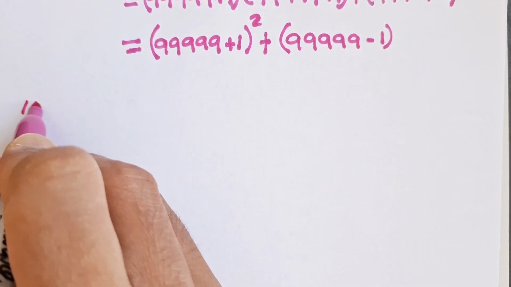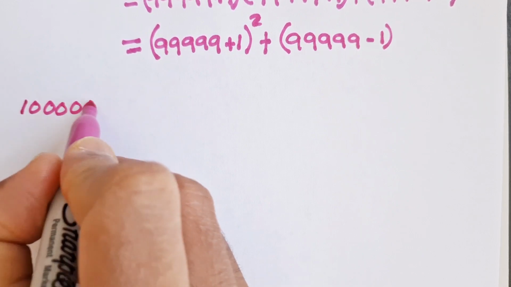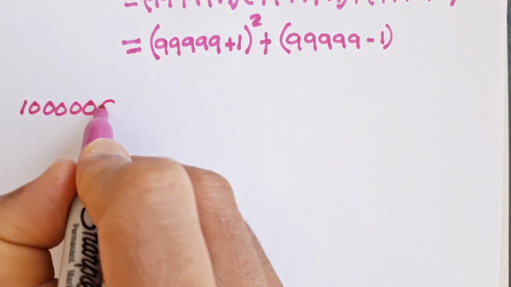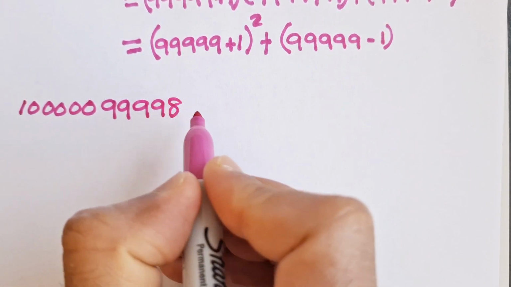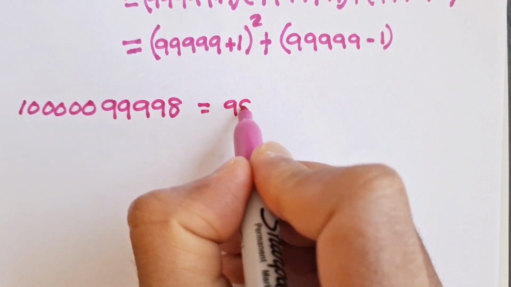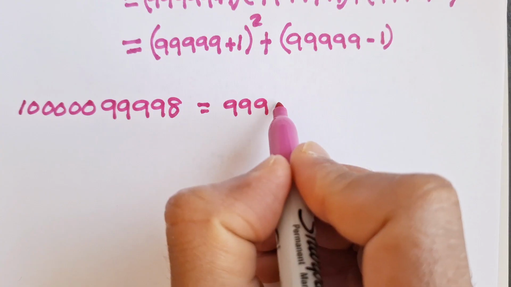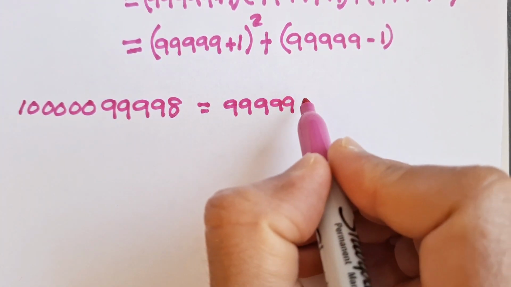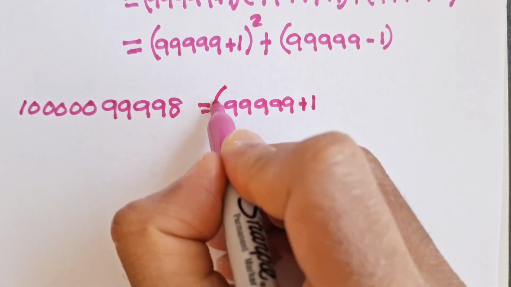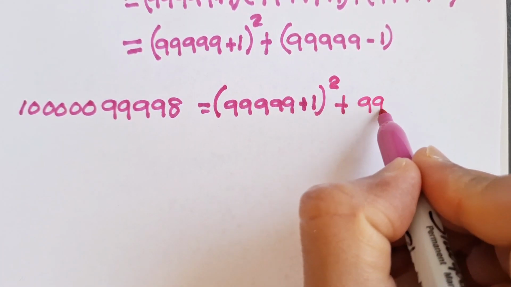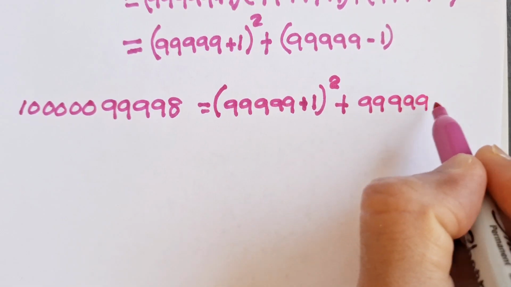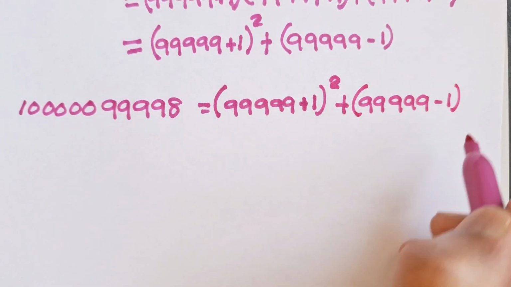So our number 150,099,998 is equivalent to (99,999 plus 1) whole squared plus 99,999 minus 1.